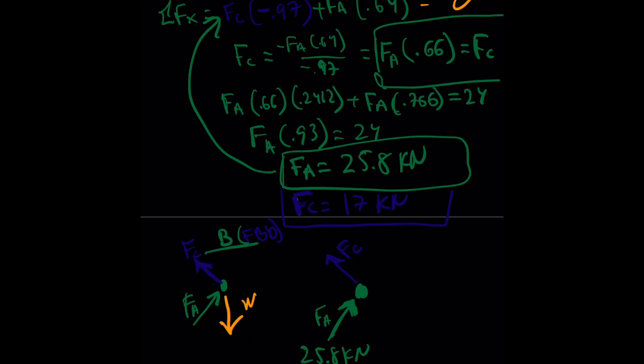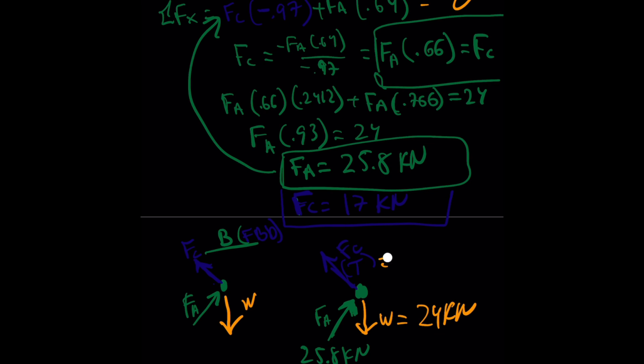This is called tension when it's pointing away from the free body. Do you guys see the difference? Away from the free body, that's considered tension. And then we could add this, which is the weight of our cargo, equal to 24 kilonewtons. And there you have it.